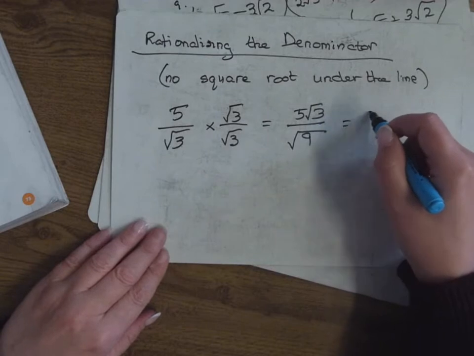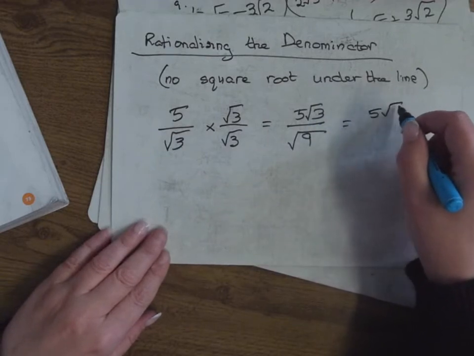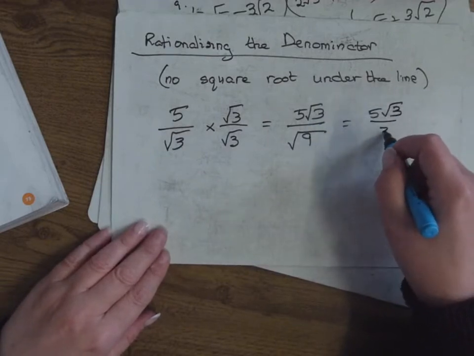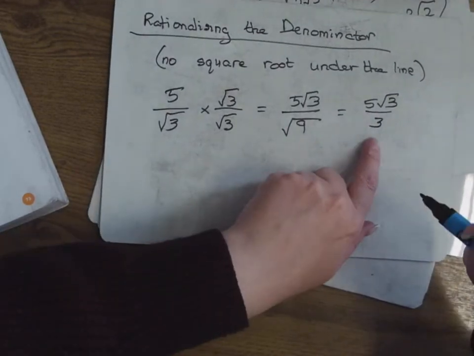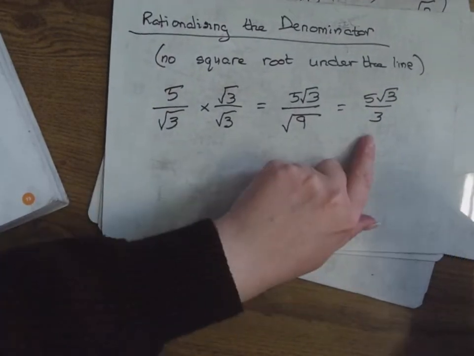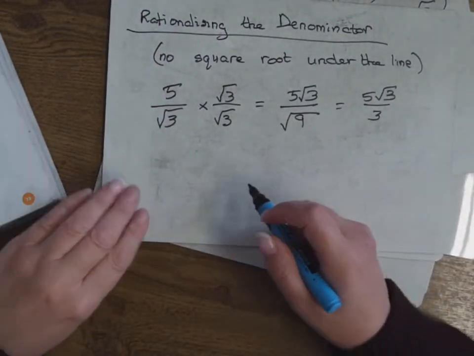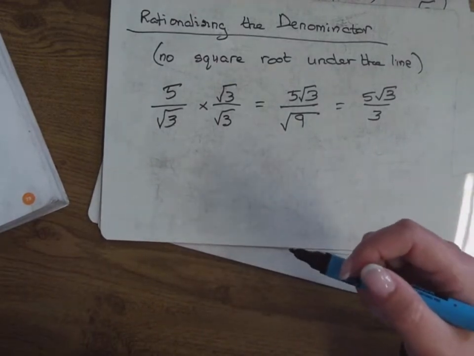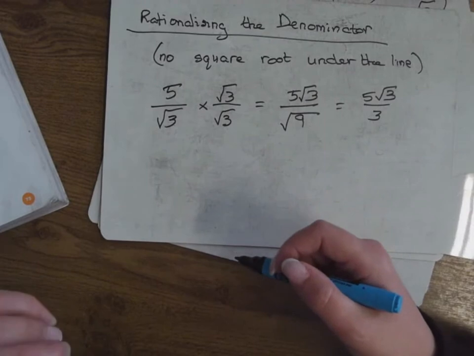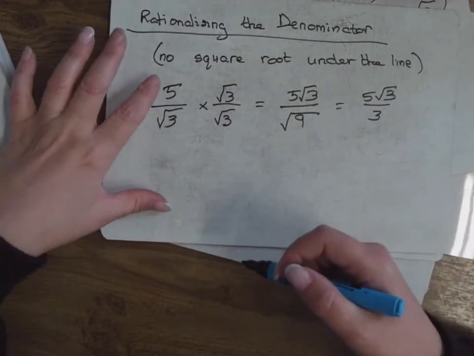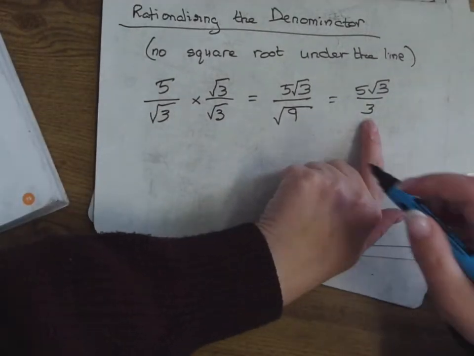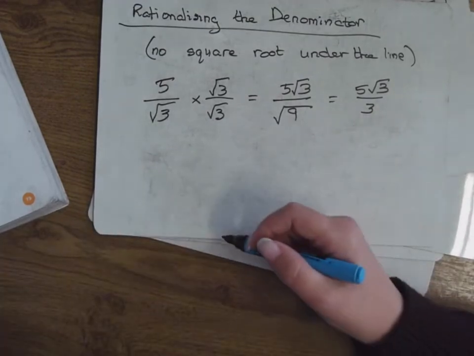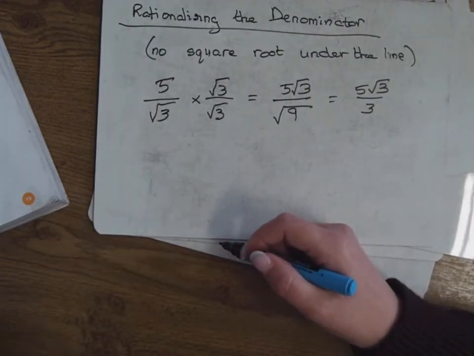So that's 5 root 3 over 3, and believe it or not, that's a more simplified version. It's called rationalizing the denominator, because there's no square root sign underneath the line. If you were to put that into the calculator it would spit this back at you, because the calculator will always rationalize the denominator automatically.